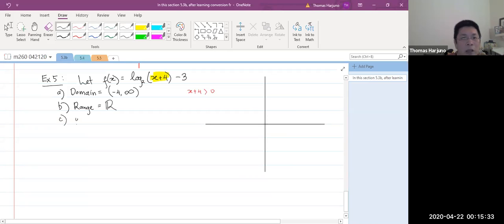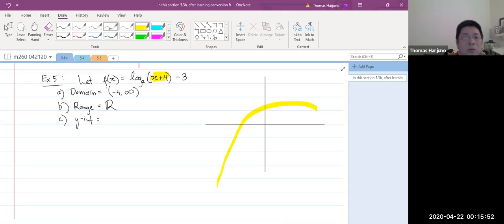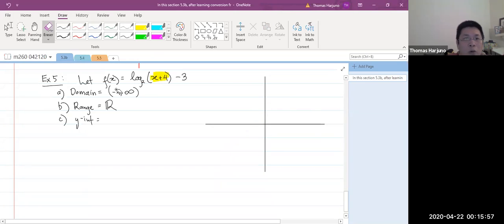Now, how about the y-intercept? As you can see, once we move this, we may have a y-intercept. Originally, it's not. In fact, as you have seen earlier, the graph looks like this. The domain includes x equals 0, so there must be a y-intercept.